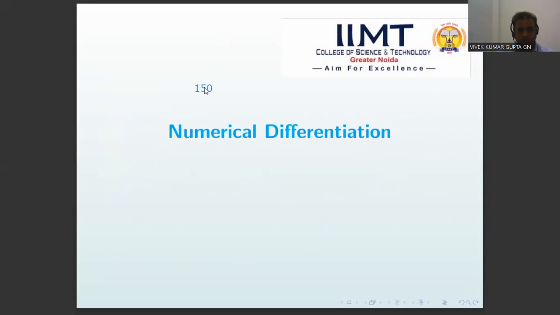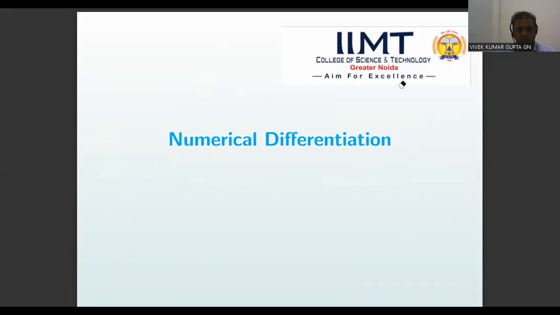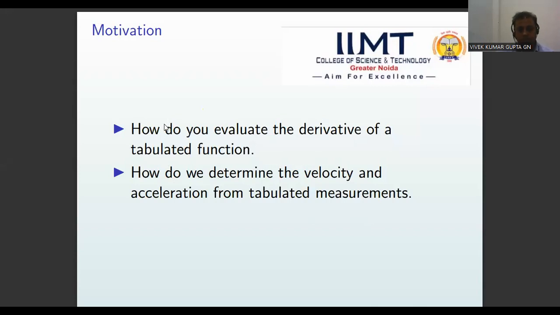Okay. Now we have to define numerical differentiation. What is numerical differentiation, what does it mean, and where is it used? The first question or motivation for numerical differentiation is: how do we evaluate the derivative of a tabulated function, and how do we determine velocity and acceleration from tabulated measurements?